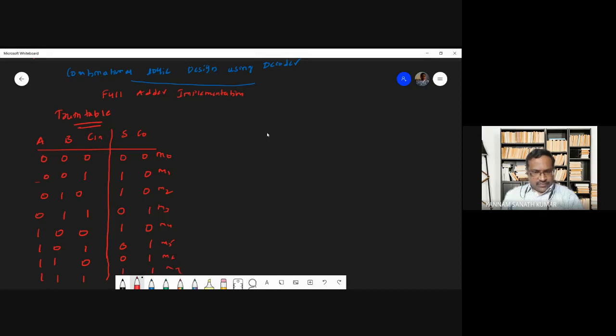Here you get the expression for sum. Wherever you have a one, you write those minterms. So sum equals summation of m1, m2, m4 and m7.